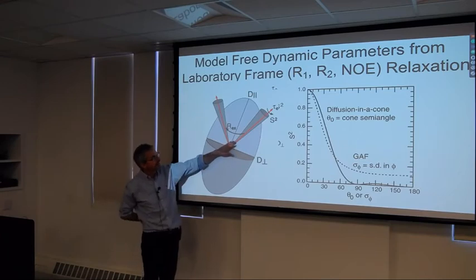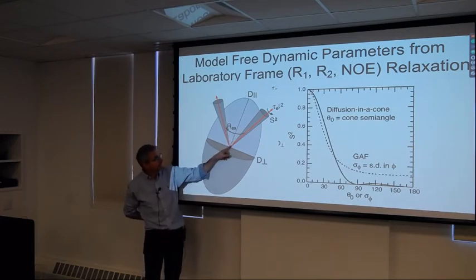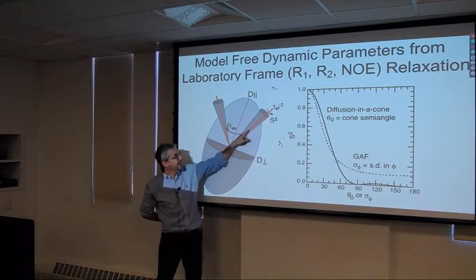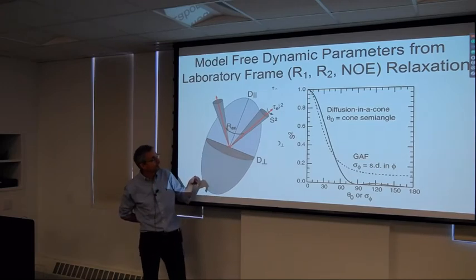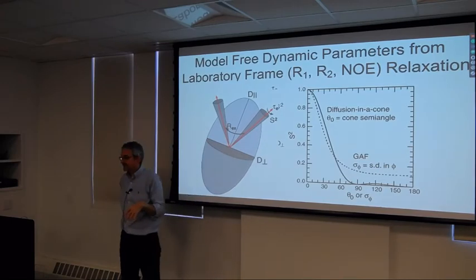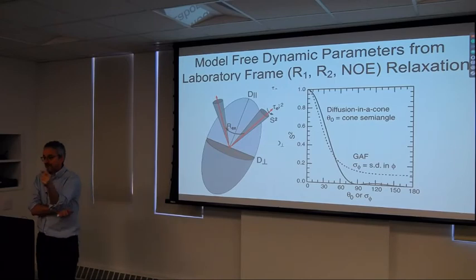Here essentially is the model-free formalism then for interpreting these data. So if the red is the NH vector, the simplest information you would want to know is what's the amplitude of motion and what's the time scale of motion.